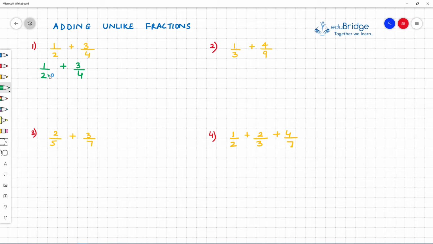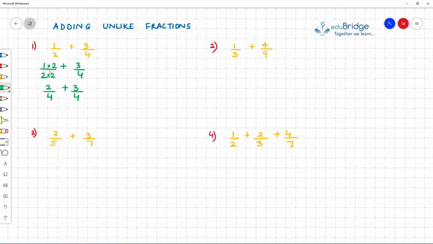So, if I multiply the first fraction by 2, both the numerator and denominator, I get 2 by 4 plus 3 by 4, which means I have changed my unlike fraction into the form of a like fraction by multiplying the first fraction by 2.